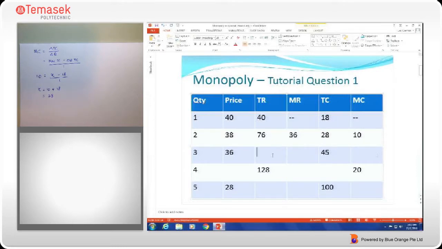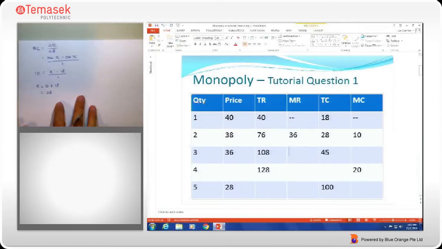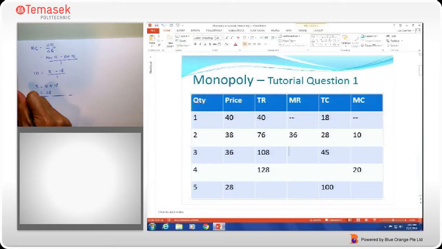At quantity 3, we are given price, we are given quantity, so let's find total revenue. We know that total revenue is price times quantity, so that's 36 times 3, and the answer is 108. For marginal revenue, we need to use our marginal revenue formula once again.